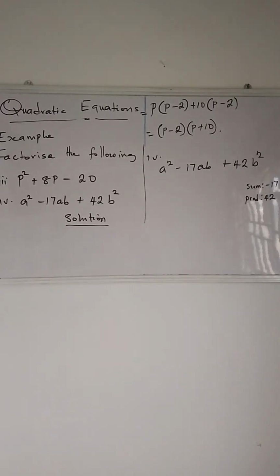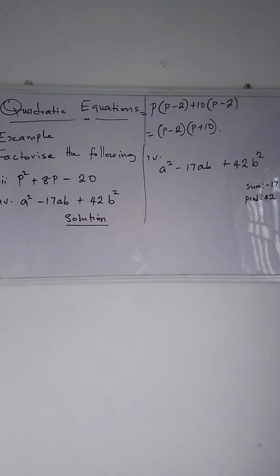And nobody has dropped any answer. Two numbers such that when you multiply together, you have 42. And when you add together, you have minus 17.